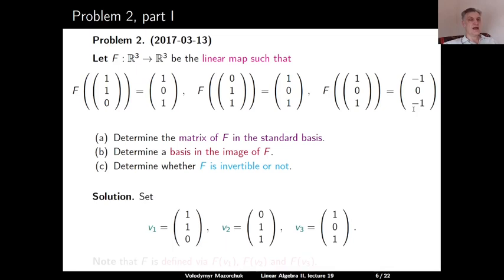Solution. Let us denote by v1 the vector (1, 1, 0), by v2 the vector (0, 1, 1), and by v3 the vector (1, 0, 1). Then we can note that in the formulation, our linear map f is defined by its values f of v1, f of v2, and f of v3.